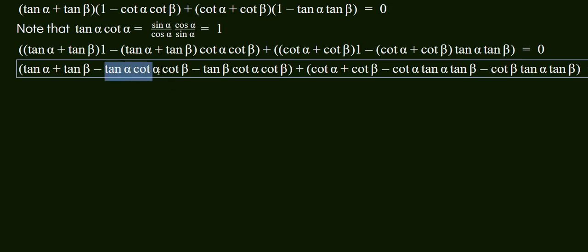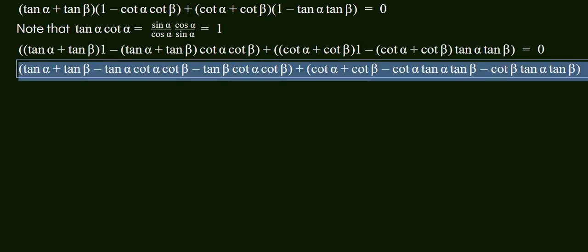I have pointed out that these two will multiply to be 1. So that means this one and this one will also multiply to be 1. So in the next line, I'll do that part of it.